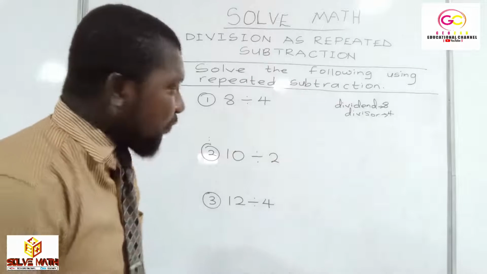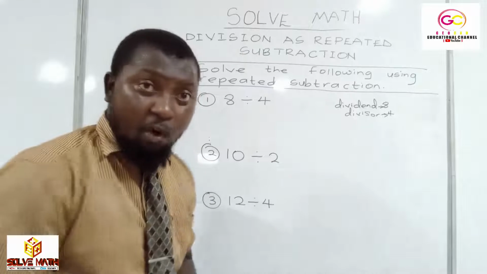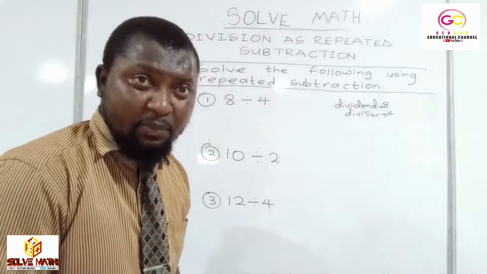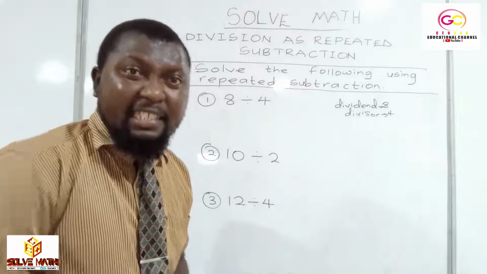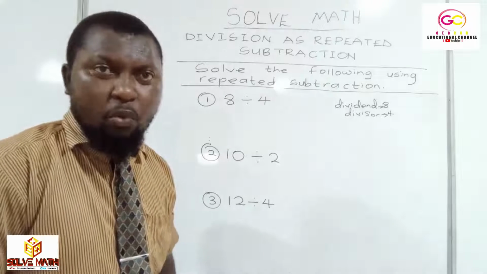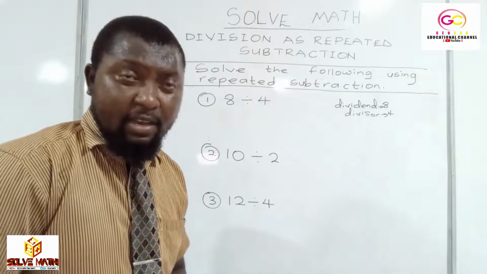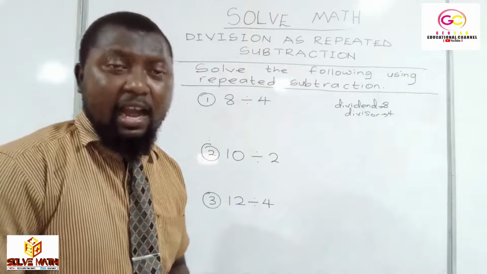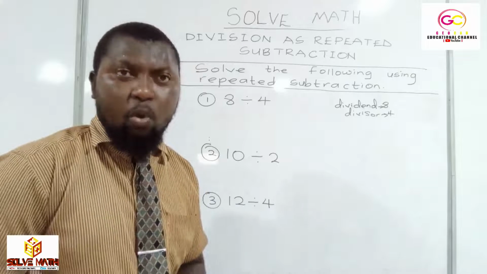I repeat myself. Subtract the divisor from the dividend. Do that repeatedly, continuously, till you arrive at 0. So now, let's be practical over here. After doing that, count the number of times you did the repeated subtraction, and that will be your answer.